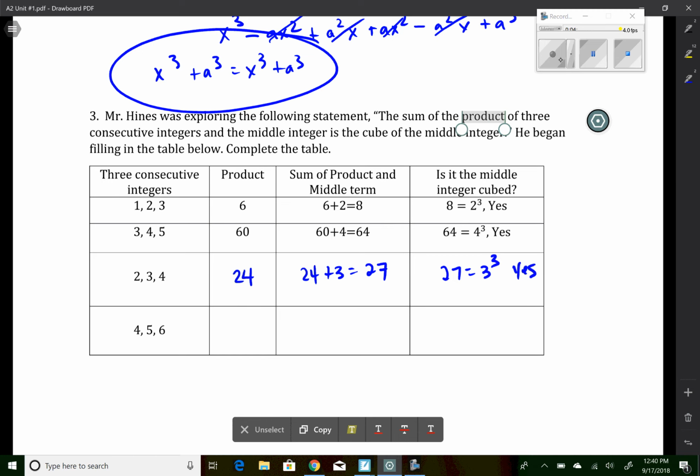The next one, we get 120. If we multiply them all out, if we add 120 plus the middle term of 5, you get 125. Is 125 5 cubed? Yes. So after seeing that it works 3 or 4 times, we can probably guess that this is an identity. But let's try it.